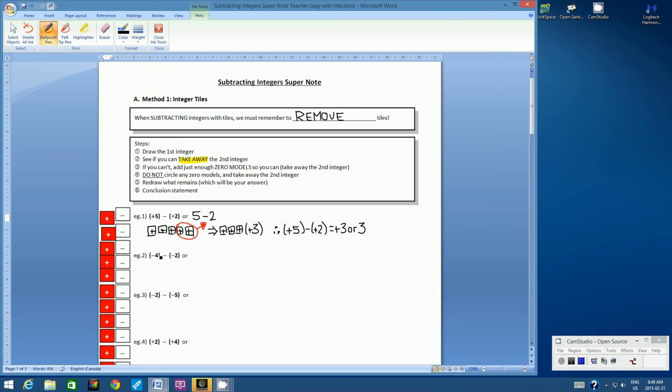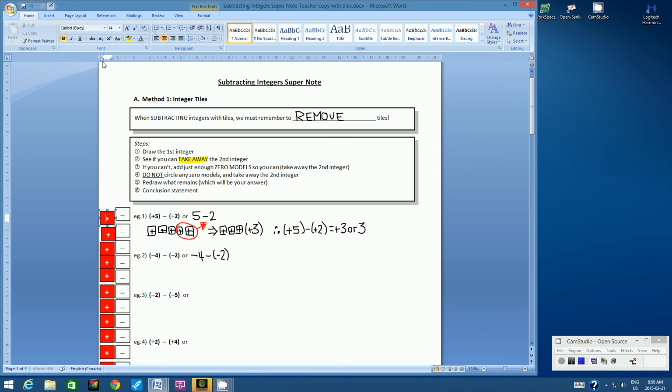The first integer is a negative, so we can't take away the negative sign, but we can take away the brackets. So -4 subtract. The second integer is a negative, so we can't take away the brackets. So we have to write it like this. It doesn't end up looking a whole lot different: -4 subtract -2. Now put your pencils down.